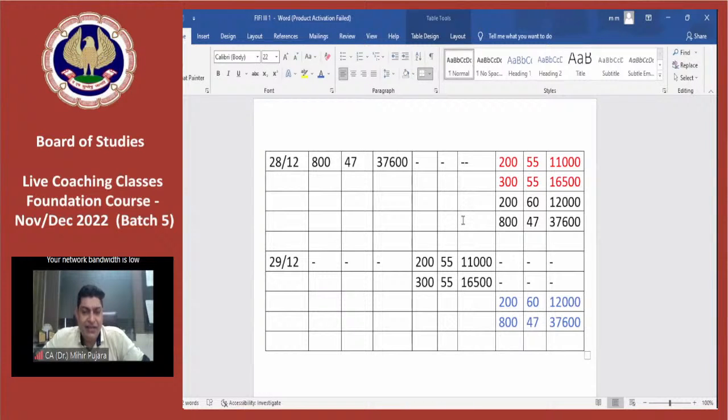Okay. So guys, the total closing stock is 1000 and total cost is, you are right, 49600. Perfect. Okay guys, now we can start LIFO.